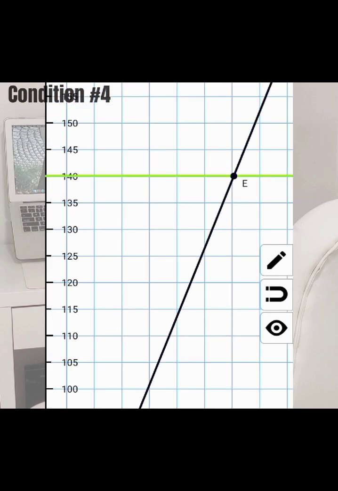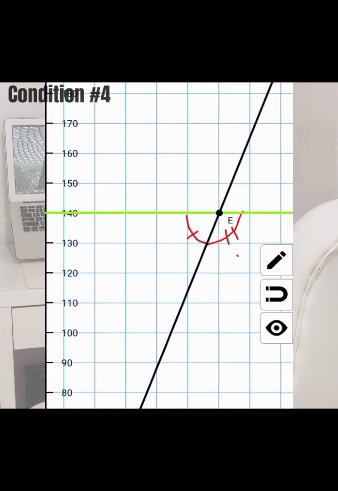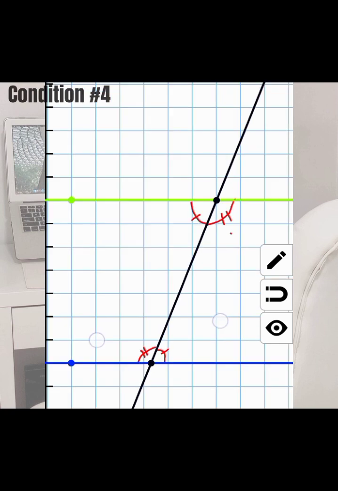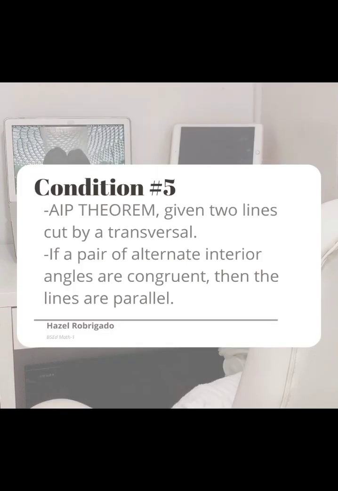And here, we will see and validate that angle AEF is congruent to angle EFD, while angle BEF is congruent to angle EFC. And that is correct. The fifth condition is the AIP theorem.